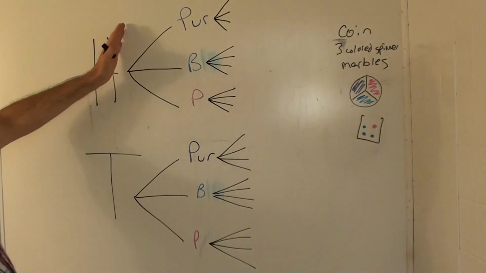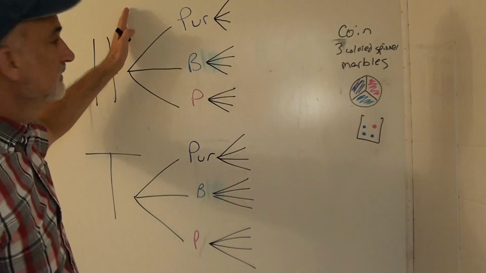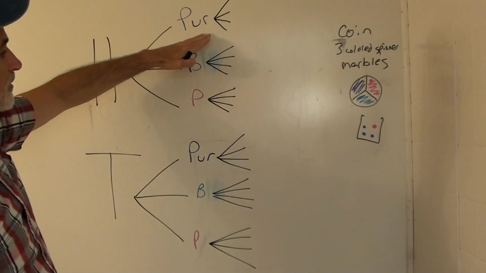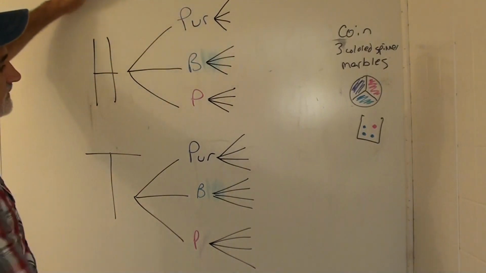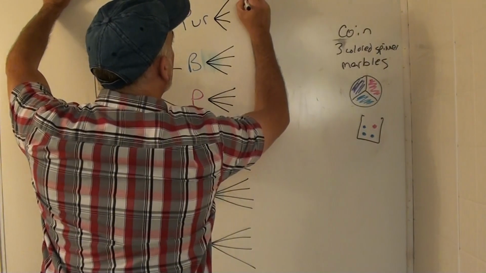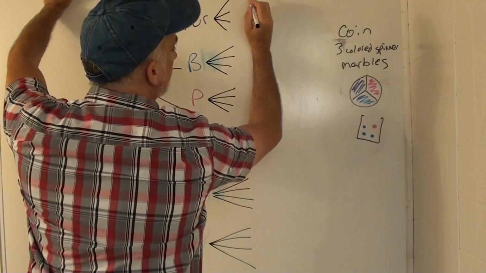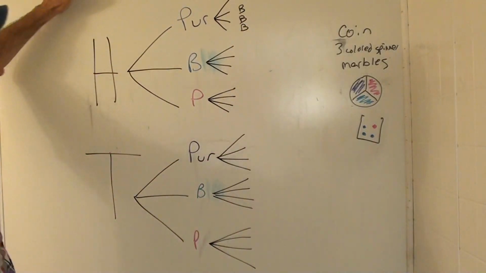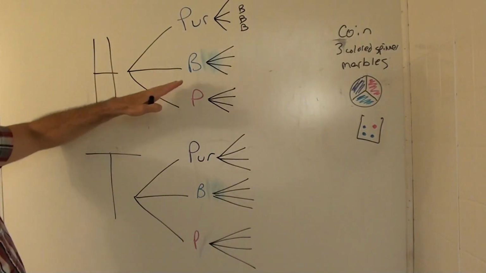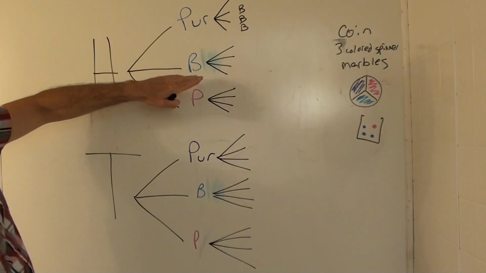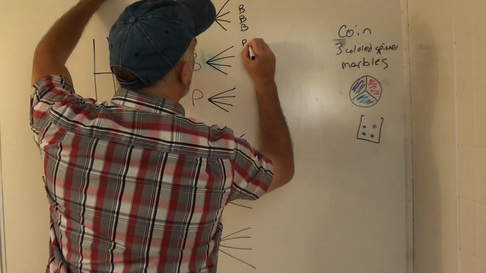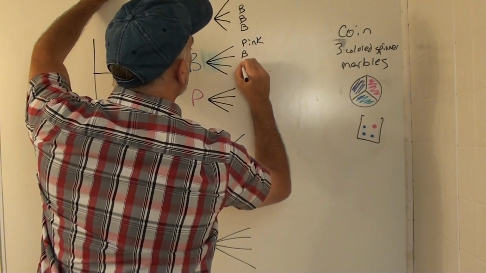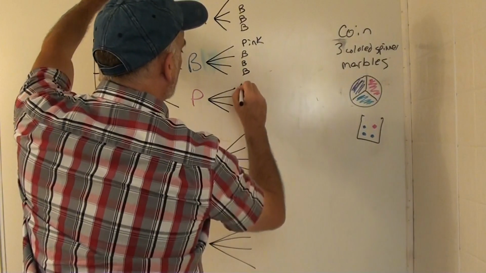If we get a heads, and then we spin a purple, then let's fill it in. We could get a pink, or we could get a blue, blue, blue. If we get a heads, spin a blue, and then once again, a pink, a blue, a blue, a blue.